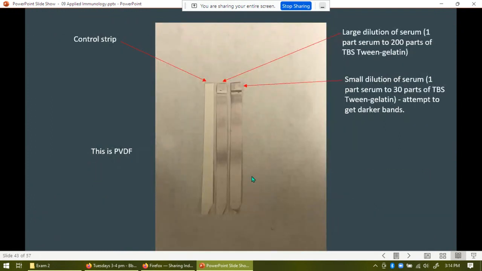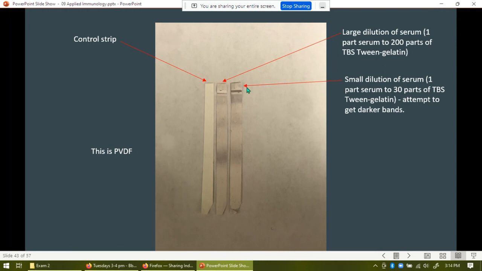So this is what your results look like. Here we have a control strip where no antigen was found, and that was treated with the serum sample from mice. Here we have a pretty concentrated serum sample that was added to the antigen containing paper, and these are all PVDF strips.